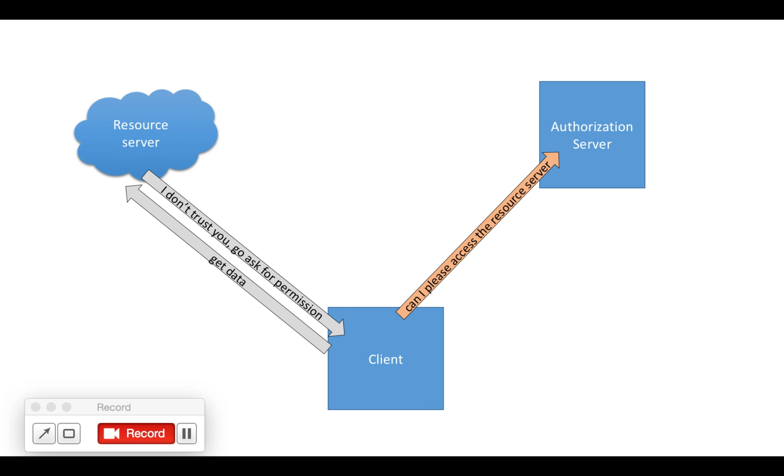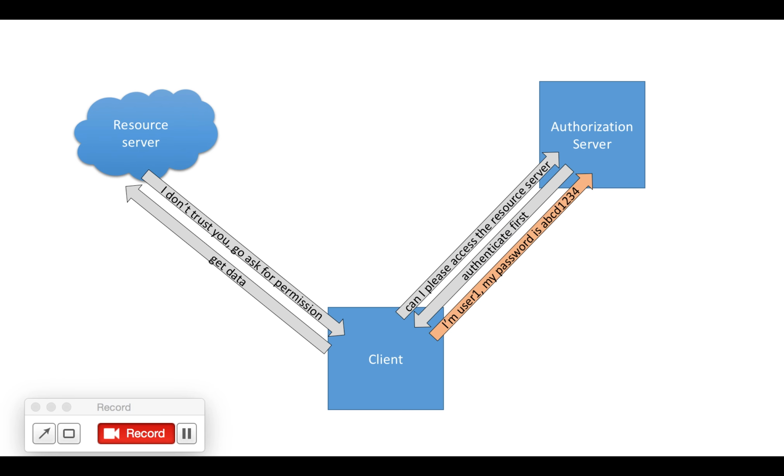Authorization server, okay, who actually has access to user credentials, right, asks client to authenticate first, because authorization server also doesn't know who this client is, right? But unlike resource server, who doesn't know how to authenticate clients, authorization server actually does know how to authenticate clients. So he asks client to authenticate. Client authenticates.